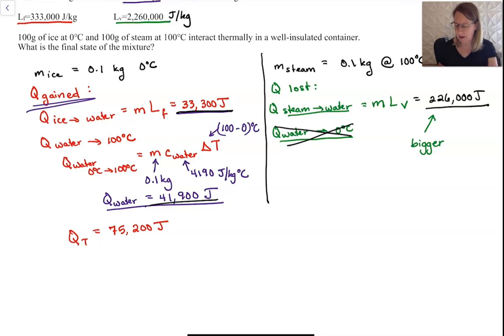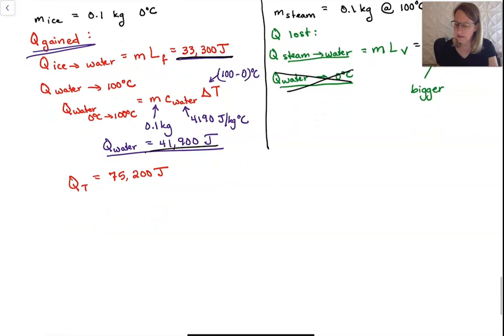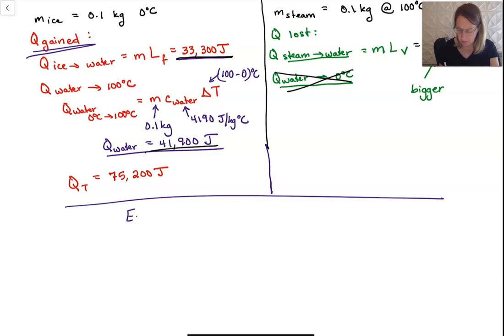We're at steam now. So what this tells us is that where we're going to end up, we will end up with a water, steam mixture.